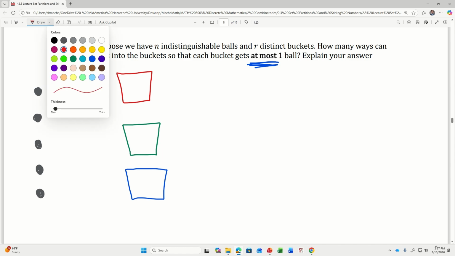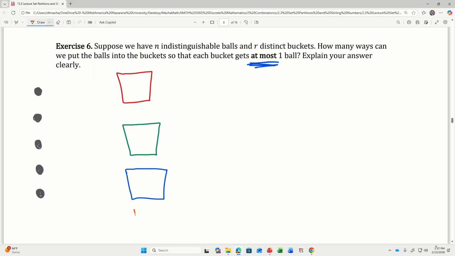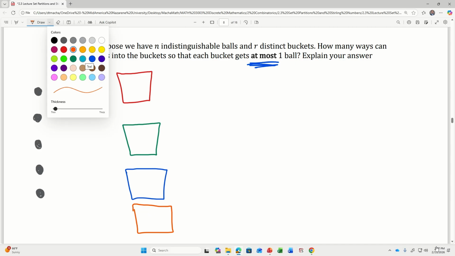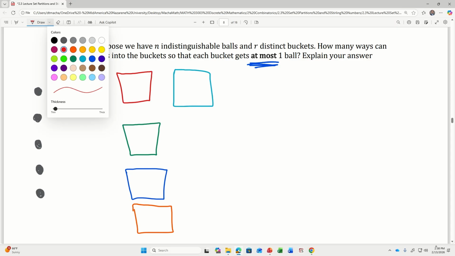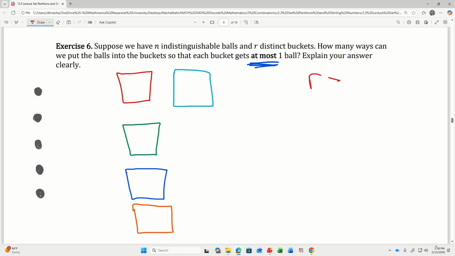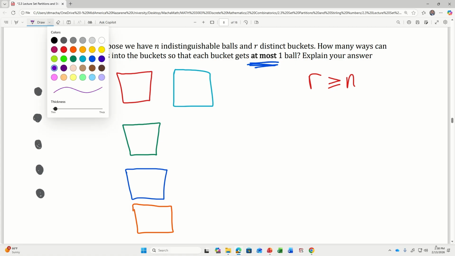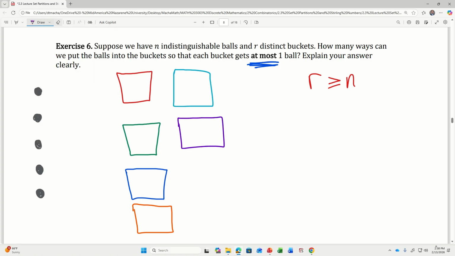Oh wait, at most? I misread that. My picture is not very good since there's at most, right? If it's going to be at most one ball, then I need more buckets than balls, don't I? So r must be greater than or equal to n. Actually, it'd be easier for me to delete balls than it would be to add buckets. Okay, so that's the picture. There's more buckets than balls.